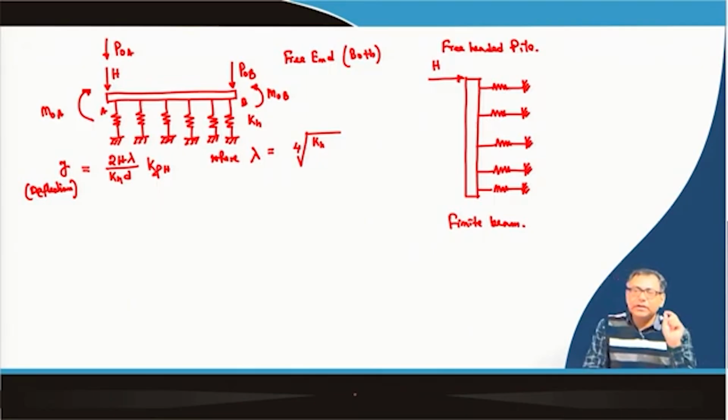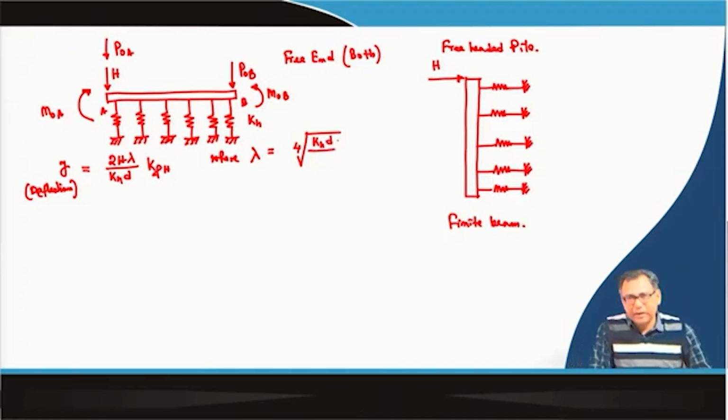In that case E I was in kilonewton per meter, k was in kilonewton per meter square, but here I am writing kh which is kilonewton per meter cube, so we have to multiply with d. In the shallow foundation case that was multiplied with the width of the beam; here the diameter of the pile is multiplied.